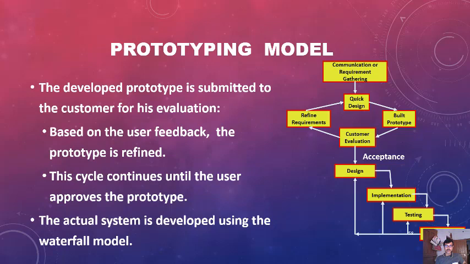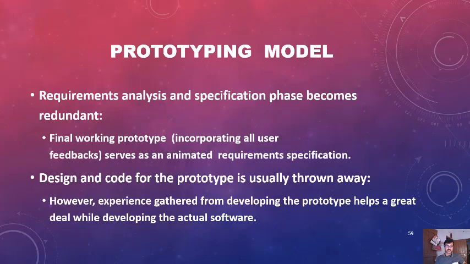So that phases are divided here into these 5 stages. The requirement analysis and specification phase becomes redundant. That means the finally working prototype serves as an animated requirement specification. It incorporates all the users' feedback. So the requirement is gathered by incorporating the user's feedback.